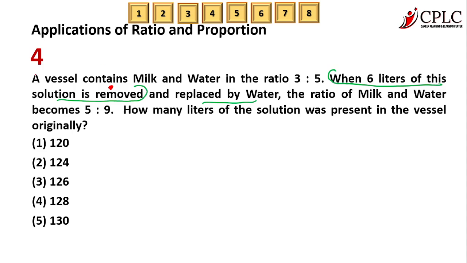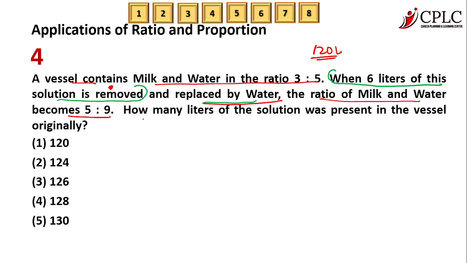So, for you, the question is a vessel contains milk and water in the ratio 3 is to 5, and 6 liters of water is added, and the ratio of milk and water becomes 5 is to 9. Now, this becomes exactly the same question that we have done in the concept. So, you can go back and refer to that. If you remember, the answer of that question was 120 liters. We have done the calculation with two methods, the equation and the no-change component method.